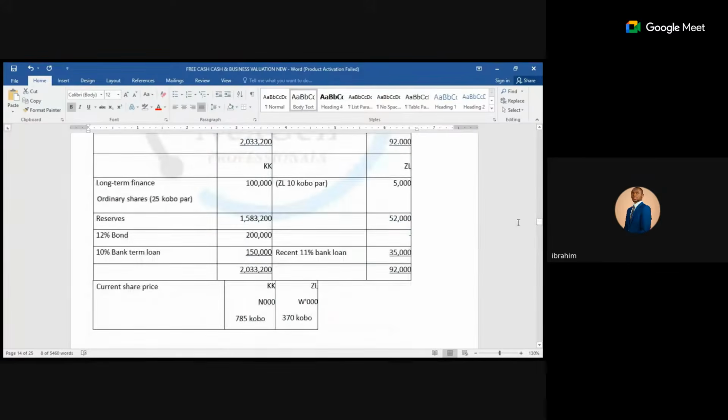The bank loan is, this is the market value. 10%? No, it's not 10%. Oh, is it 10%? The 10% bank term loan. Is it supposed to be 10%? We are talking about the company, right?